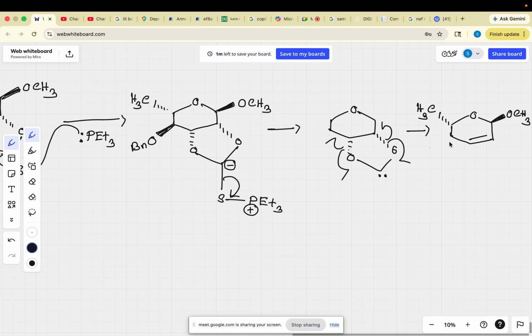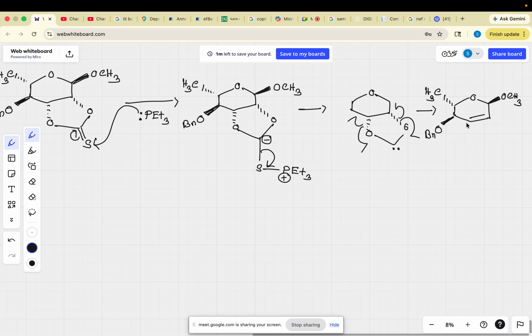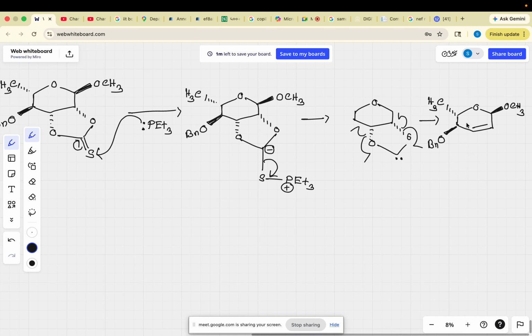Same mechanism, nothing I am changing, just do it step by step and you will get your product. Is anything changing here in the mechanism compared to the previous one? No, sir. Clear?